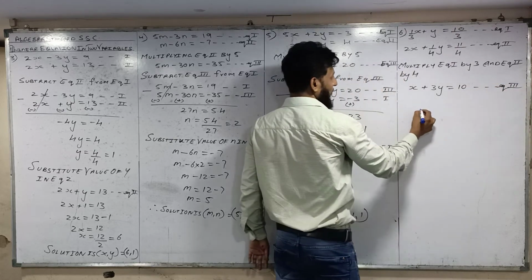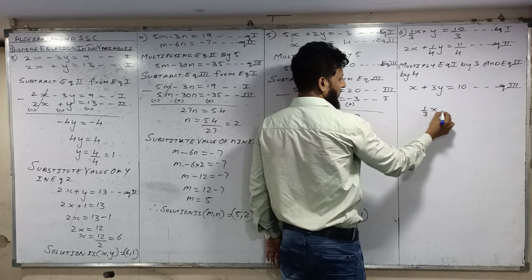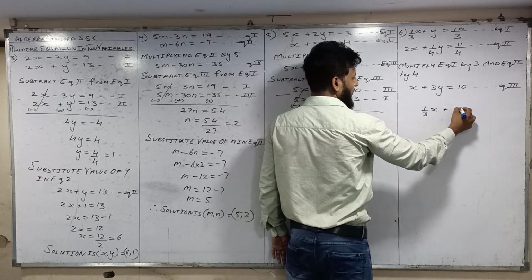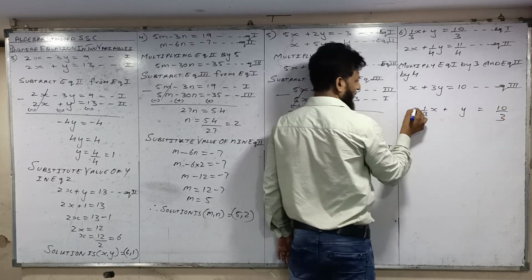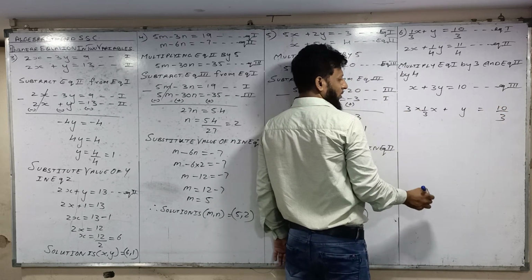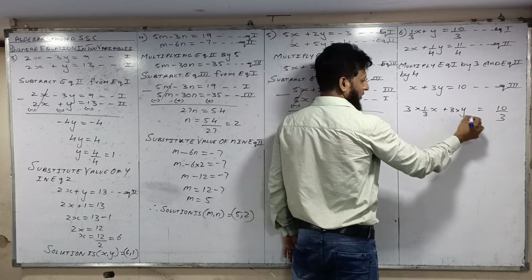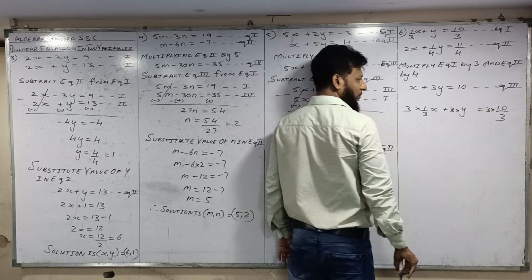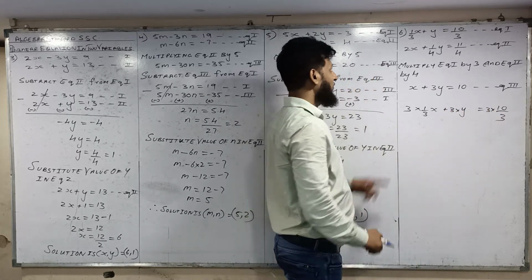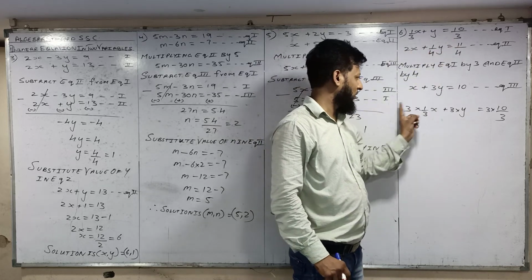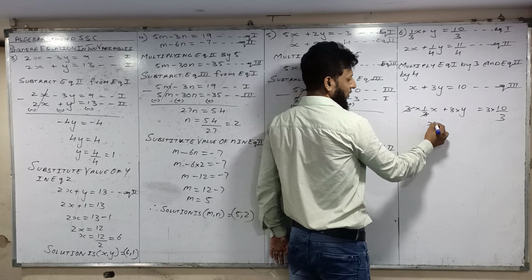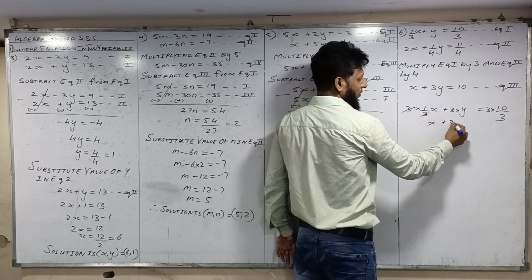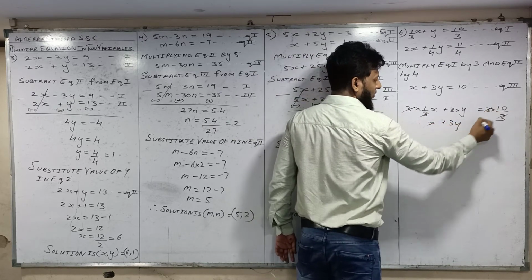I am doing this for you just to understand. When we multiply by 3, 3 cancels, only x is left, 3y, and 10 is left.